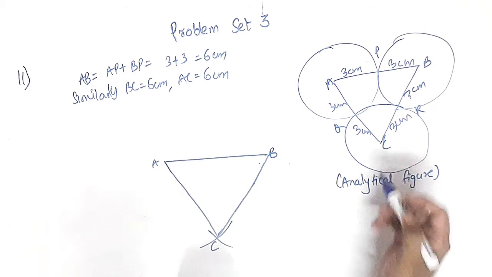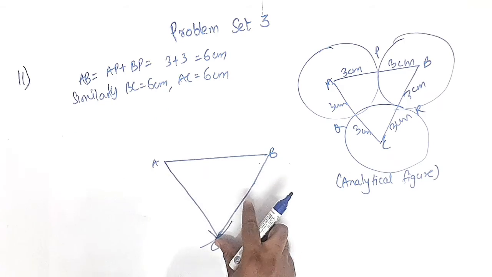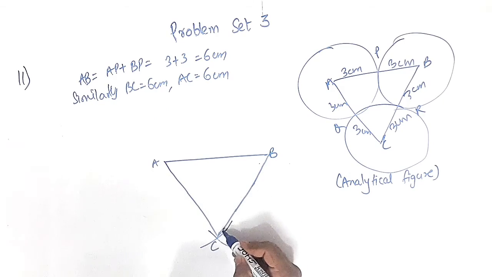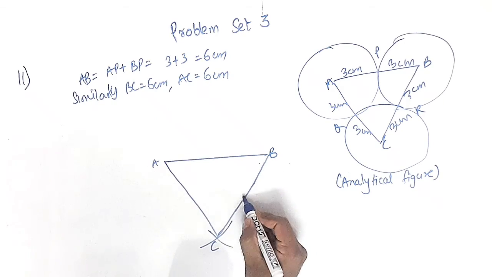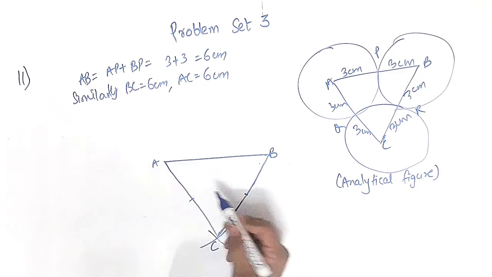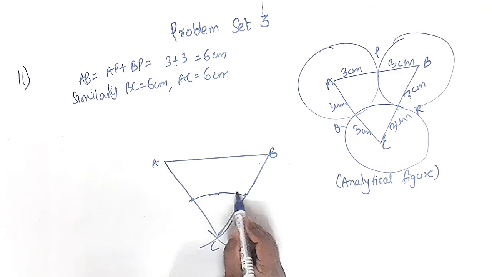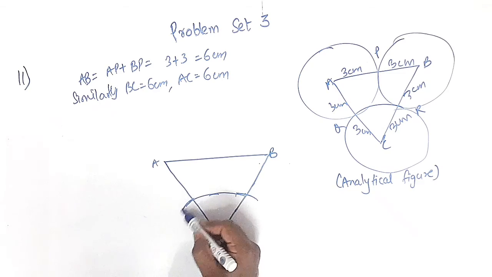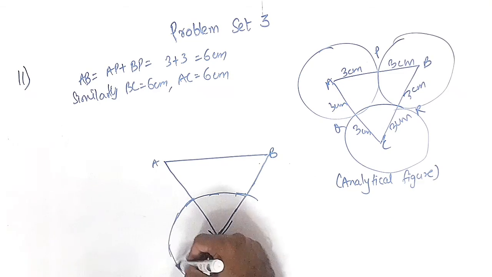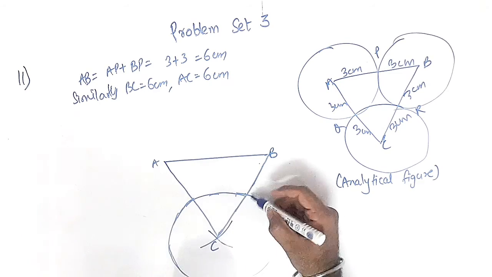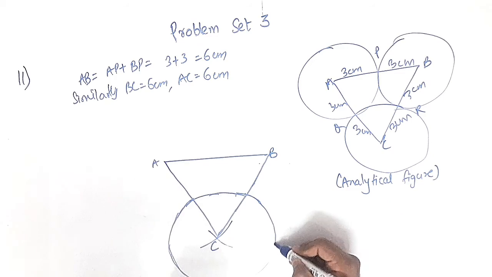Now what you will do, from C you will take a radius of 3 centimeter. This is suppose 3 centimeter. So you are going to draw a circle of radius 3 centimeter. Because I am not using a rounder, but it will be very much clear for you if you draw it with pencil, scale and rounder.